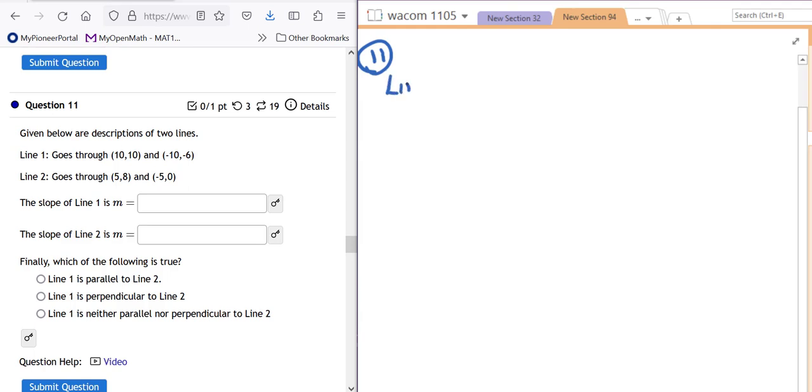All right, so for line 1, we have the points 10, 10, and negative 10, negative 6. Label. Sorry, this should have been 1.